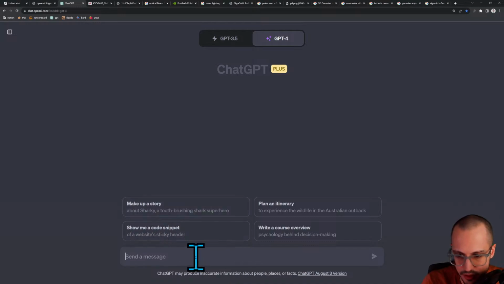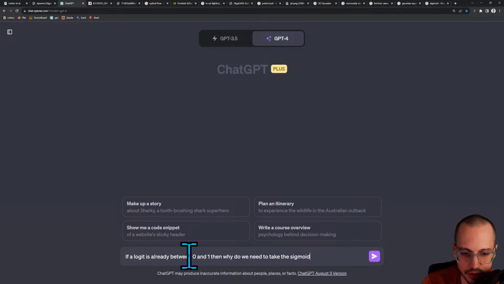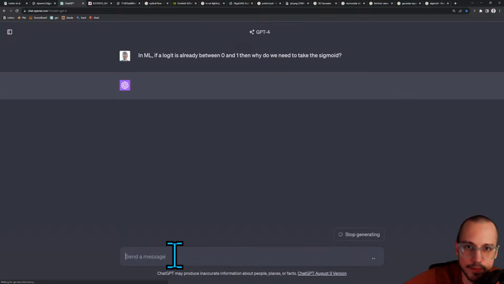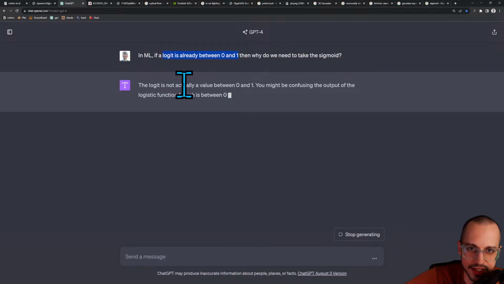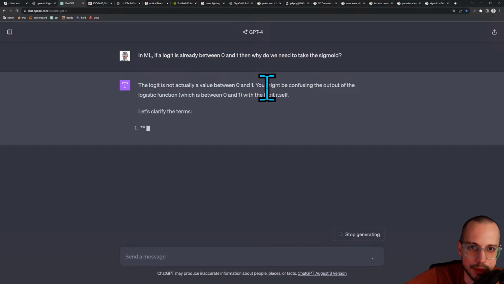Why, if a logit is already between 0 and 1, this is not correct, but we'll see if we get corrected, then why do we need to take the sigmoid? I think the answer is the logit is not already between 0 and 1, yeah. You might be confusing the output of the logistic function with the logit itself.